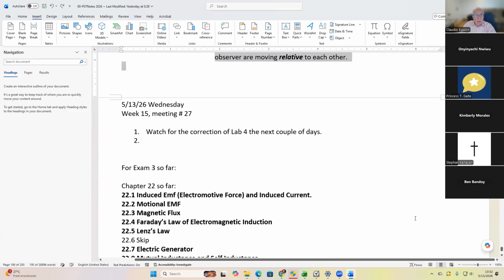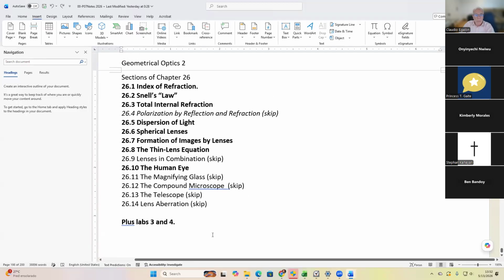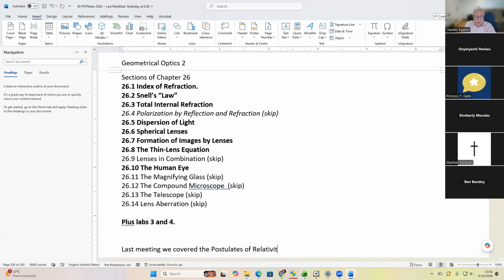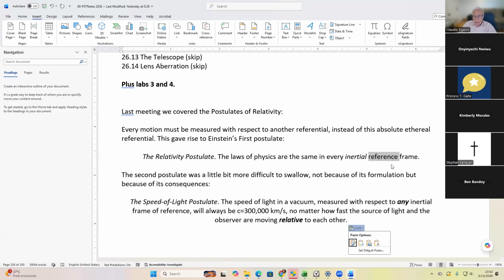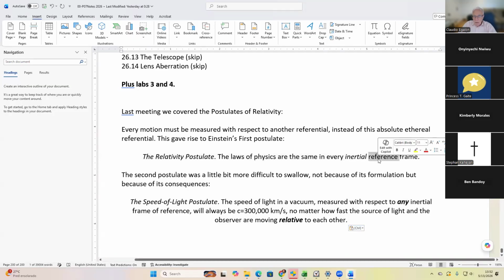Last meeting, we covered the postulates of relativity, which are: the laws of physics are the same in every inertial frame of reference.